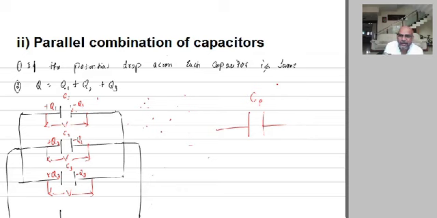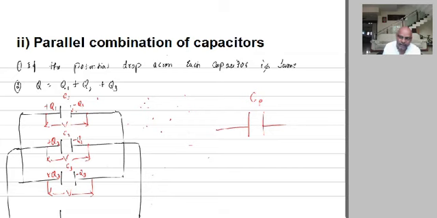If they are connected in such a way that each plate of all the capacitors are connected to one common end, and the other plate of all the capacitors are connected to another common end. You can check that the left plates of all the capacitors are connected to one common terminal, and the right plates of all the capacitors are connected to one common terminal, that is the negative terminal.